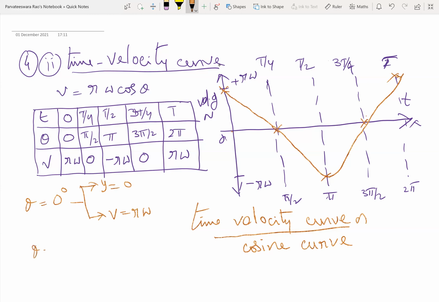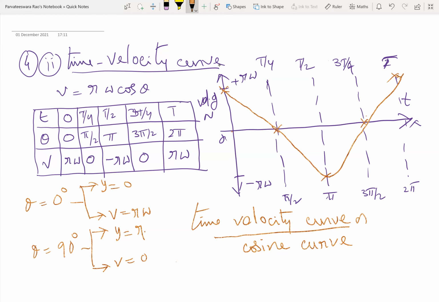Again for theta is equal to 90 degrees, y becomes R, v becomes 0. So velocity is leading displacement by a phase of 90 degrees.